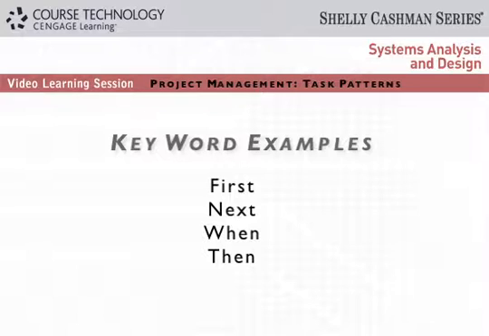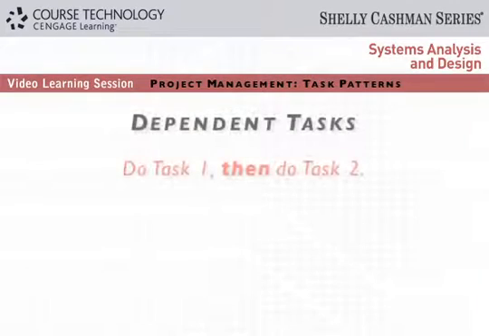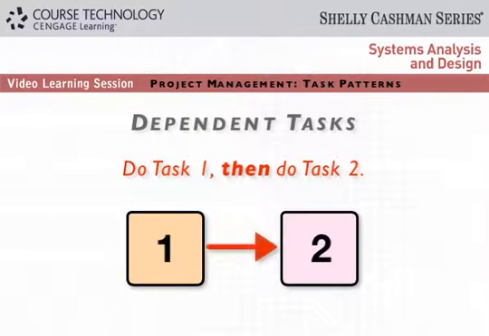Let's start with an example of dependent tasks. The statement, do task 1, then do task 2, describes dependent tasks that must be completed one after the other, like a relay race.